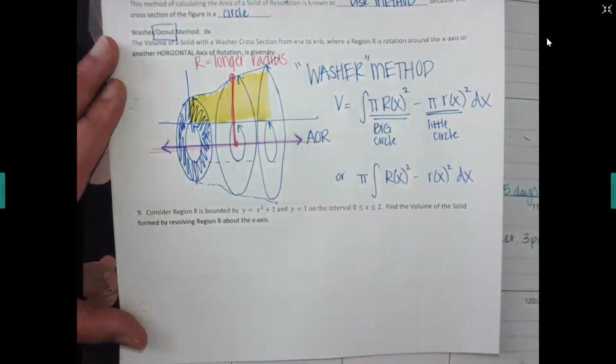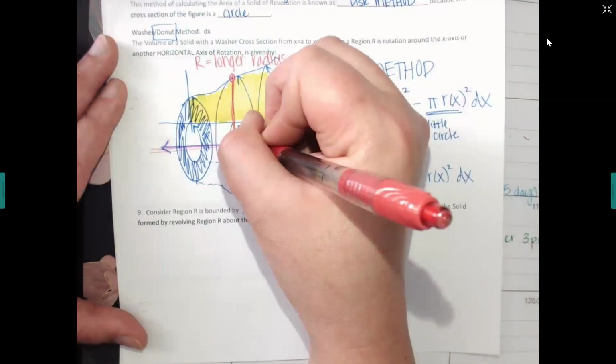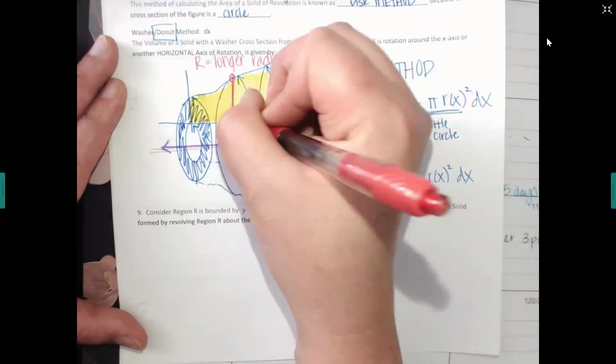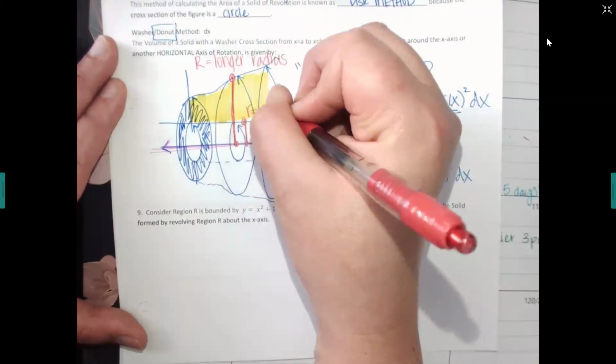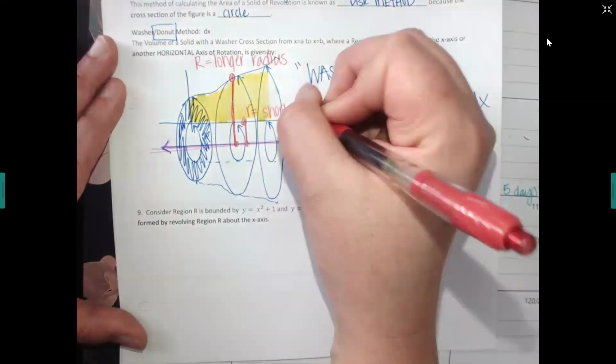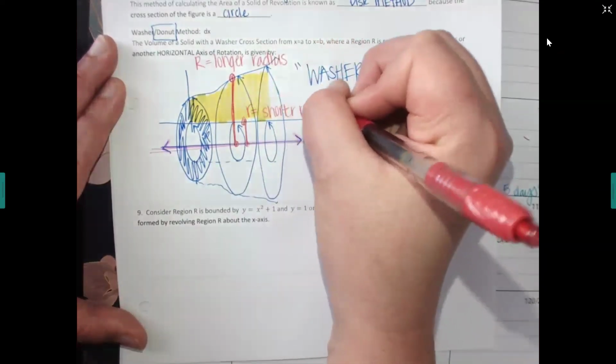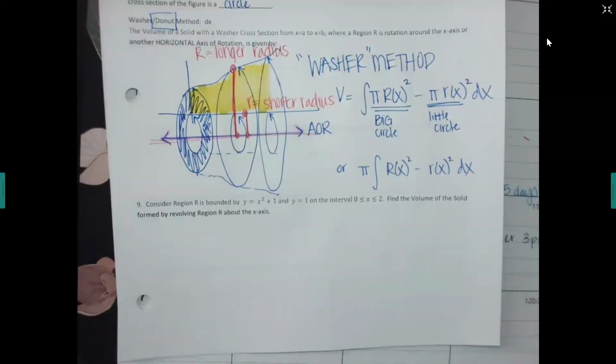Little r is going to still start in the middle, but it's going to go to the closer function, or the shorter radius. And then remember, it's still big circle minus little circle. So big pi r squared minus little pi r squared.